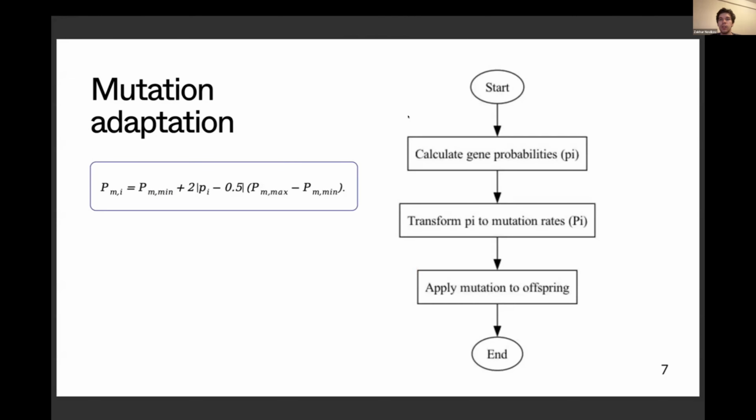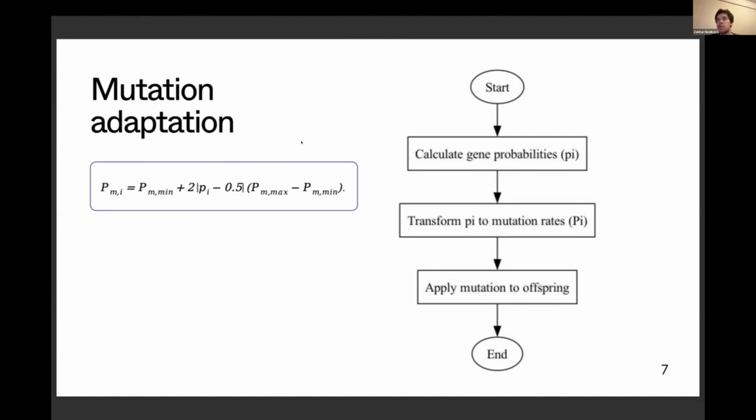The next step is a transformation of the position probabilities to ensure greater diversity in the population. The key idea is the closer the position probability is to 0.5, the lower the mutation probability should be. This is because a probability close to 0.5 indicates greater uncertainty and balance in the gene's value, meaning that the gene is more likely to contribute to diversity naturally.